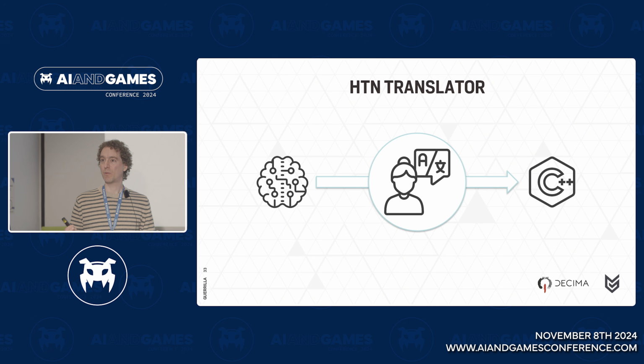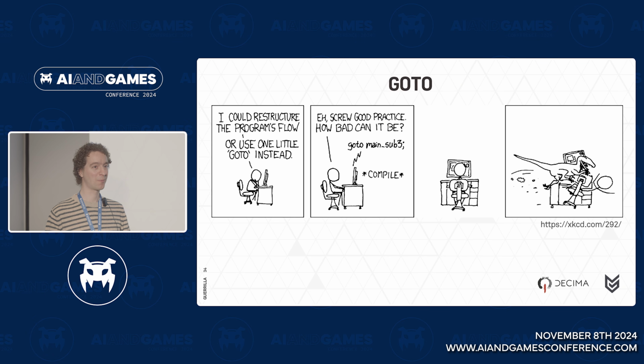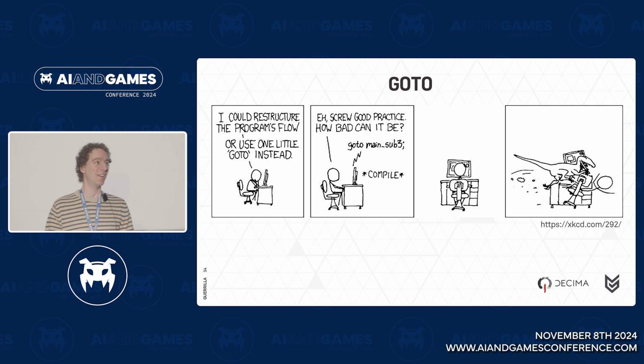So what can we do? What do we do in our code to achieve that? Well, there is a statement that has a bit of a bad reputation, but it's very applicable here. So we use goto. We use it a lot. I wouldn't use it in handwritten code.